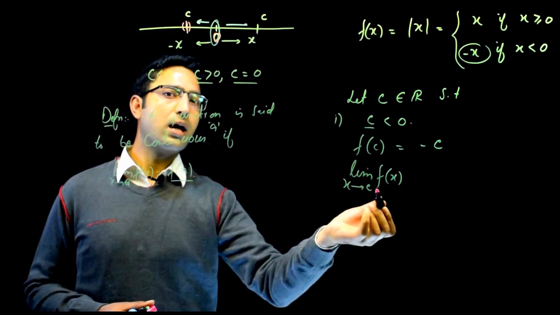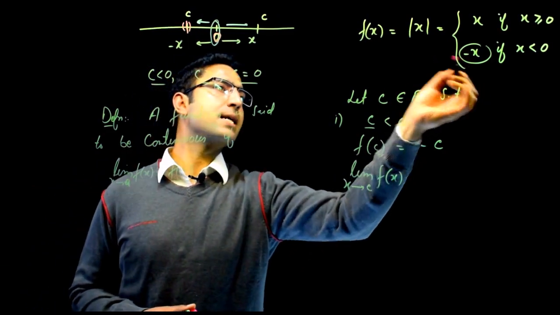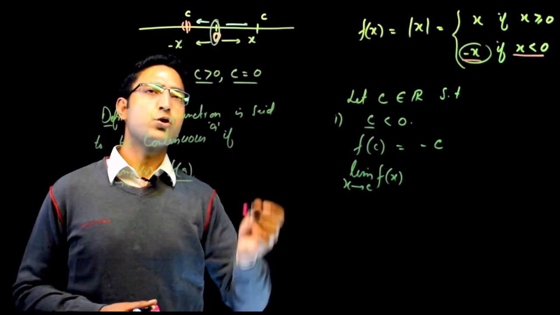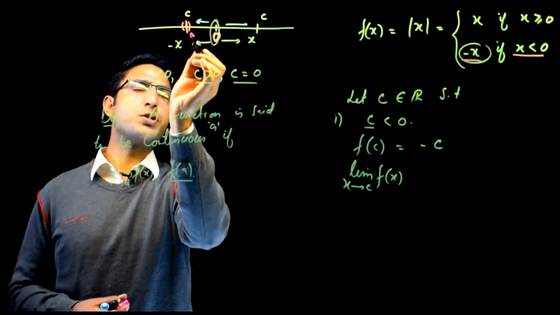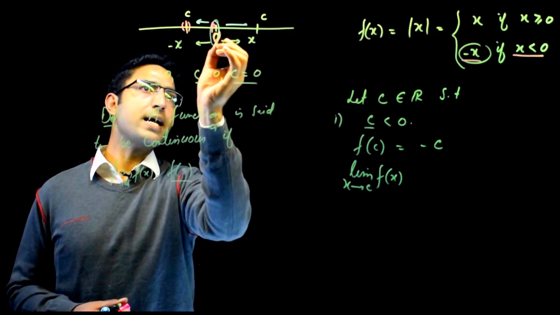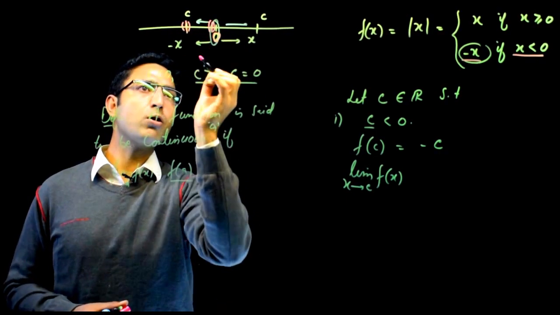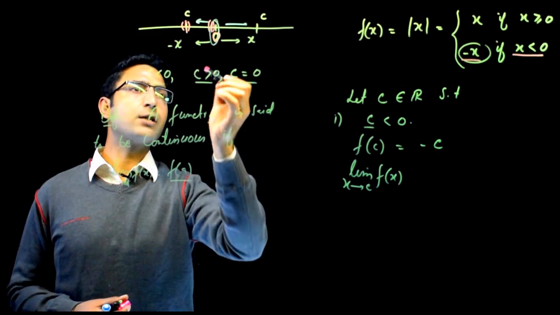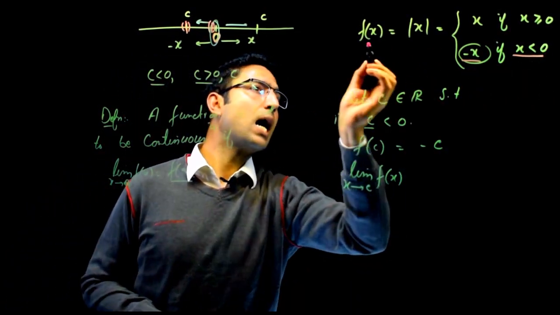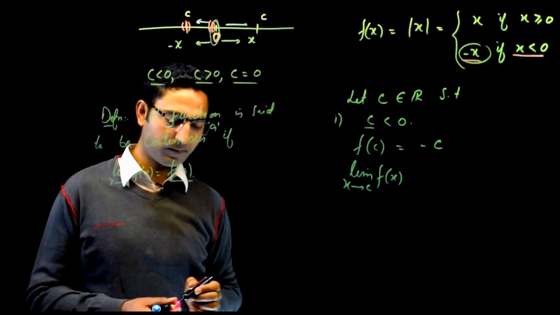So f(x) at all those points will be defined as, whenever x is less than 0, minus x. So whenever I take any c to the left of 0, no matter how close I take it to 0, I can find x's very close to this c such that those x's are less than 0. And hence for those x's, f(x) is defined as minus x.